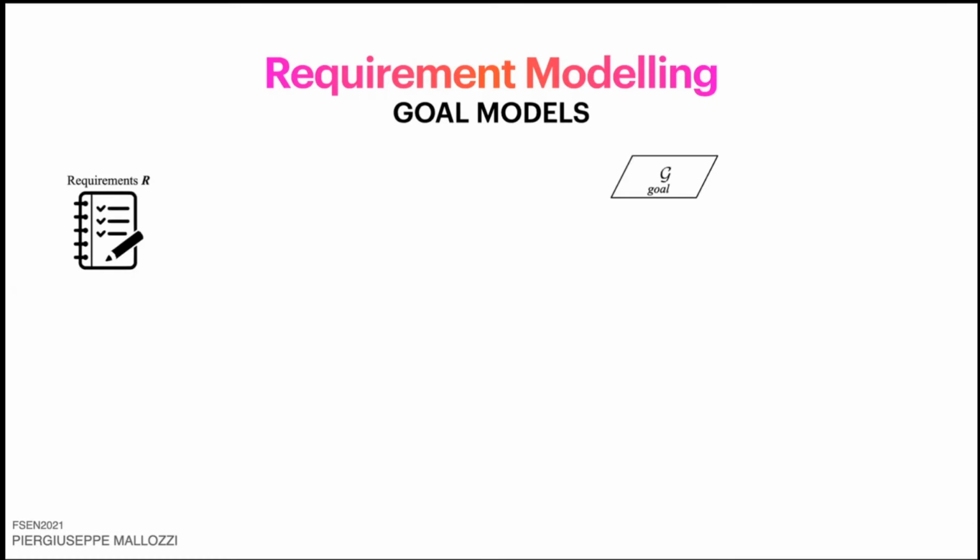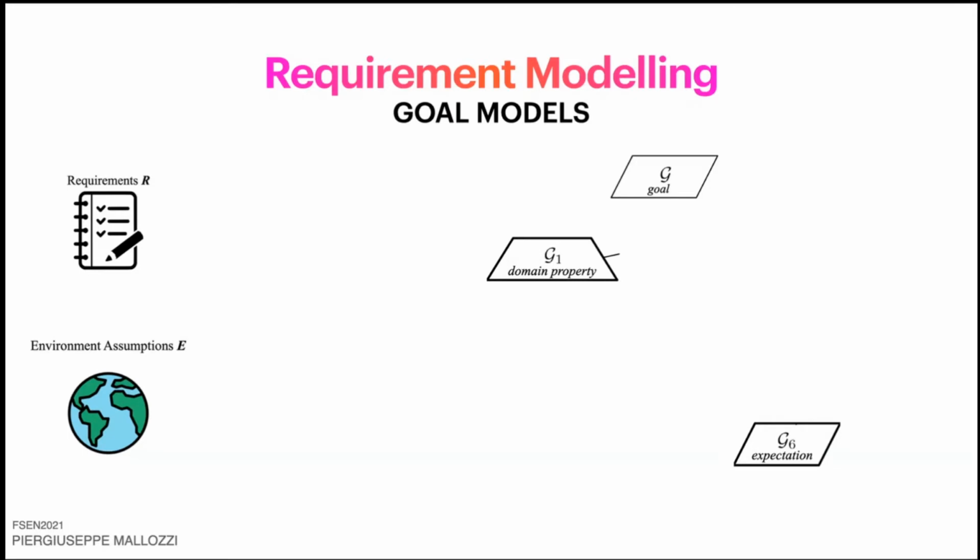We formulate each requirement in terms of goals, while the environment assumptions we formulate in terms of expectations that we assume the environment where the system is going to be deployed will observe, or domain properties, which are like physical laws of the environment.